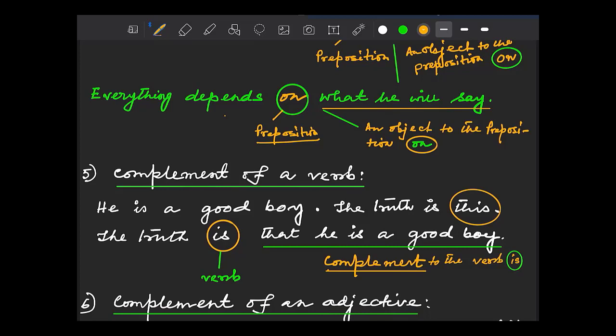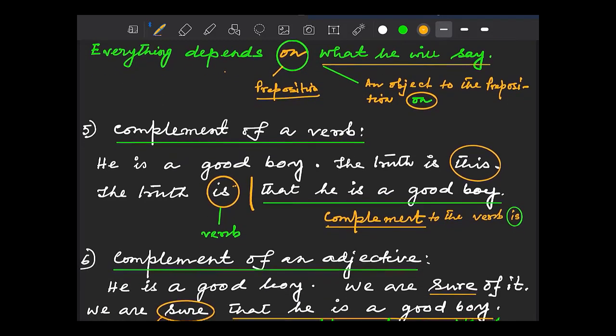Is is the verb. So if you cut it here, that he is a good boy, then it will be incomplete. So this part is completing the sense of the verb is. For this it is called complement to the verb is. Okay, complement of a verb. The truth is that he is a good boy. So that he is a good boy is a complement to the verb is.